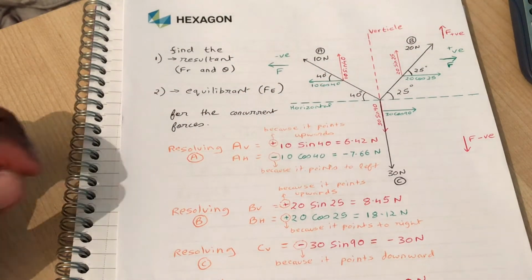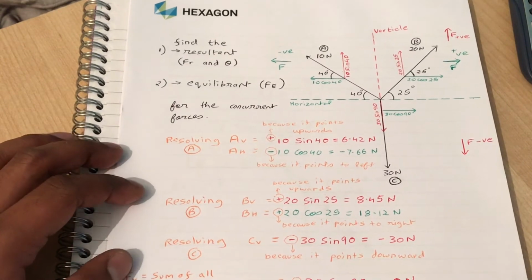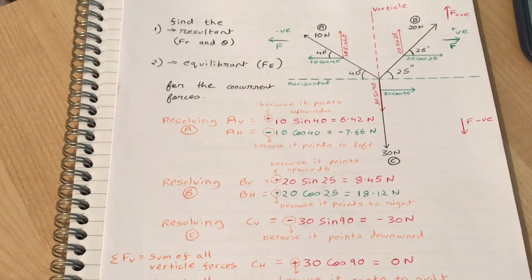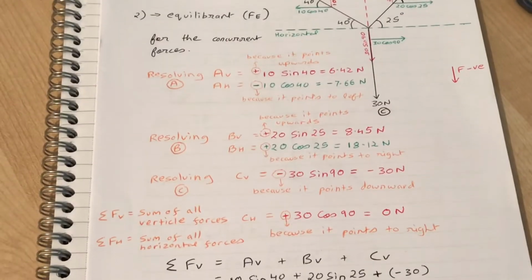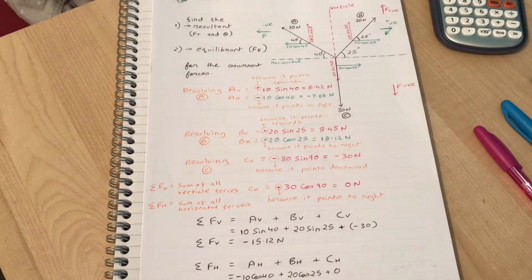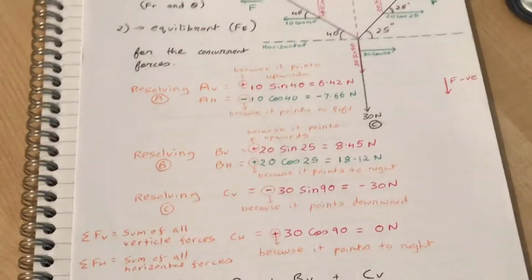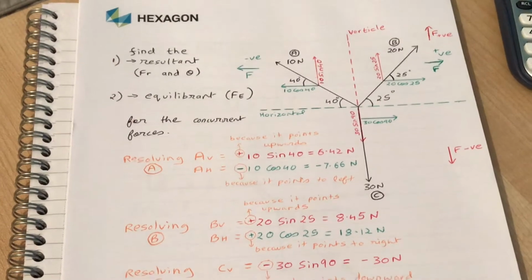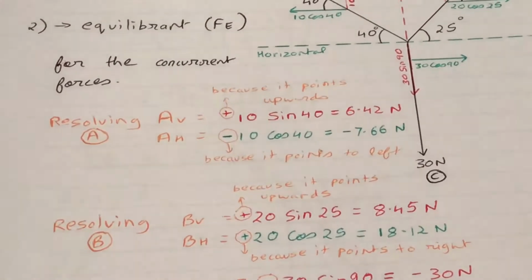Now that we have established the convention, I'll show you how to solve a problem like that. Let's continue on to solving the problem. Now what I have done here is I have resolved all of the three forces, that is 10, 20 and 30 Newton, into their vertical and horizontal components.